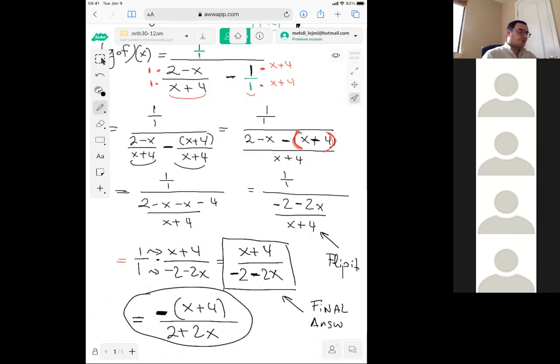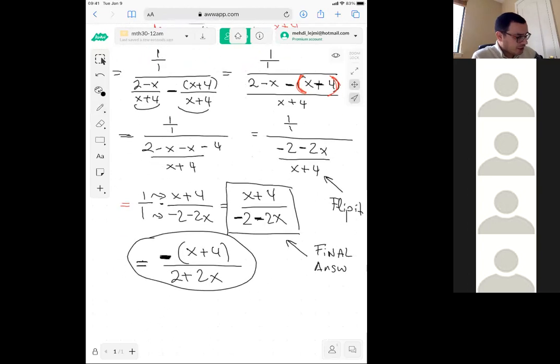Just be careful with the parentheses, guys. When you subtract, it makes a huge difference. You get the wrong answer if you don't put the parentheses, right? Okay, perfect.